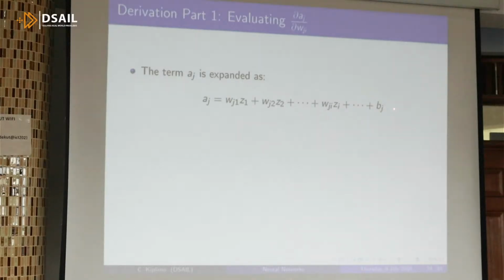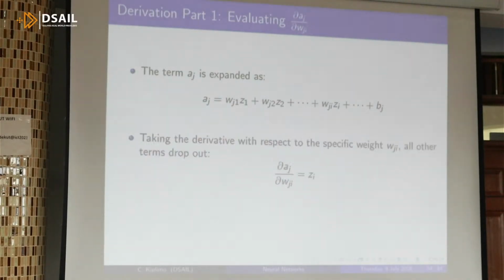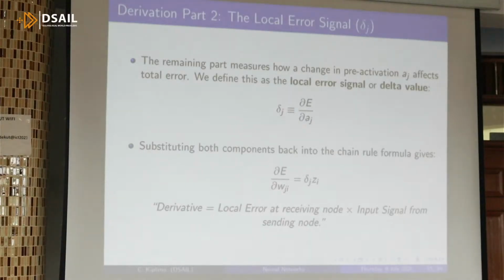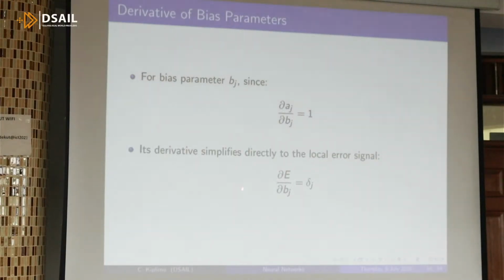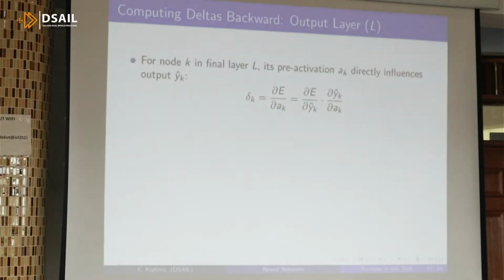So if you differentiate with respect to bj, it's just 1. Its derivative simplifies directly to the local error signal. So dE/dbj is another error signal. We'll compute its value. Now we need to go backwards in backpropagation.